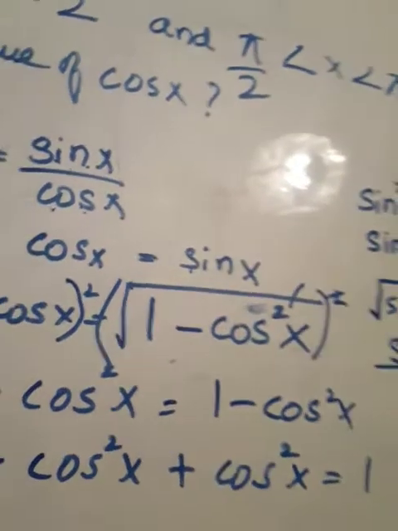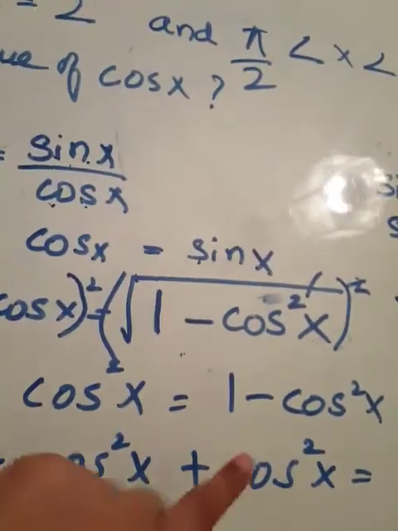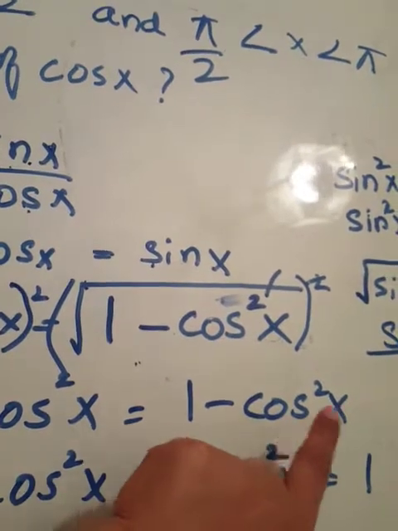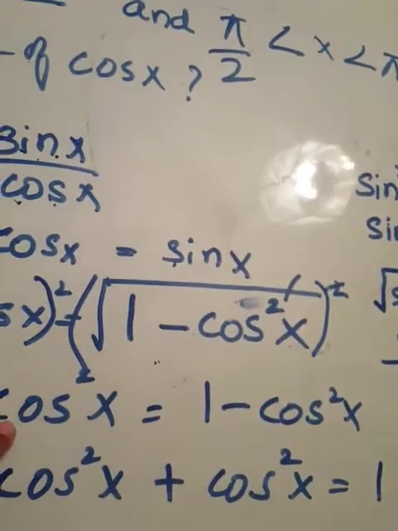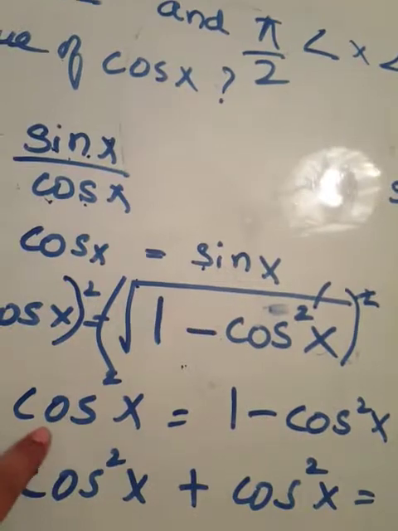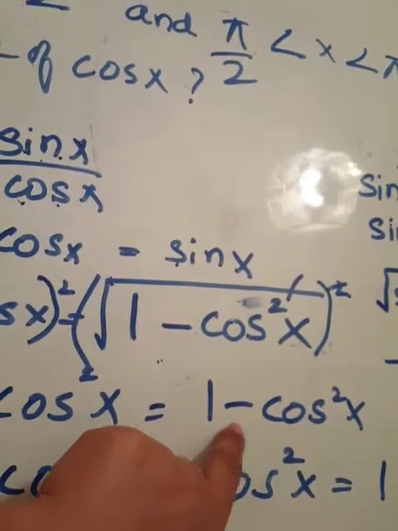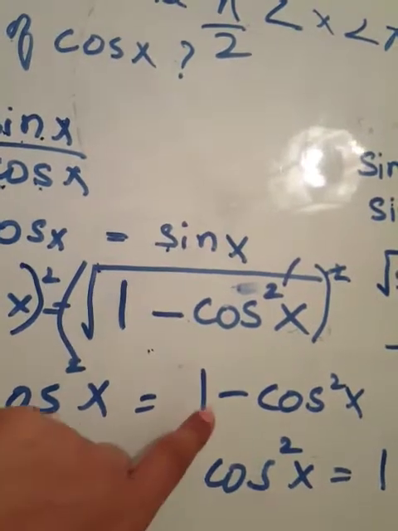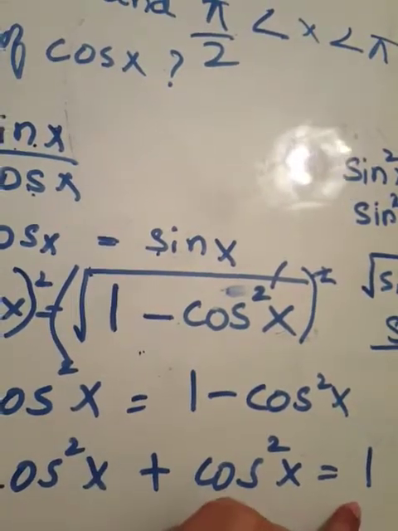How I did that? Since this is minus cos square over here, when it goes to the opposite side of the equal sign, this minus sign will change into a plus sign and it will be added into the equation. And the 1 will remain on this side of the equation.